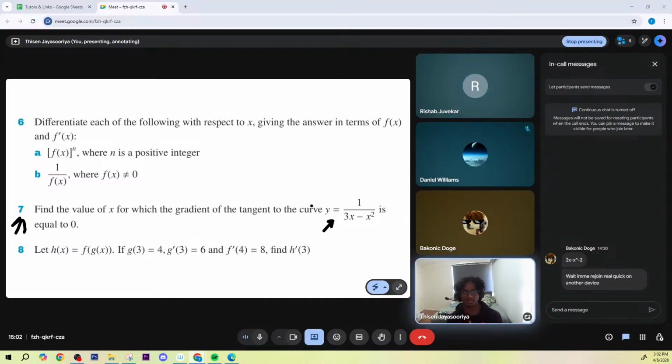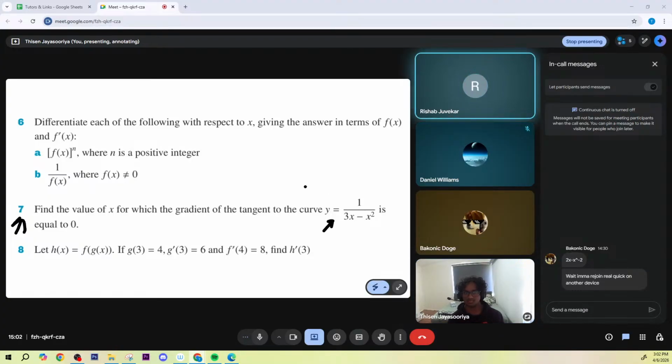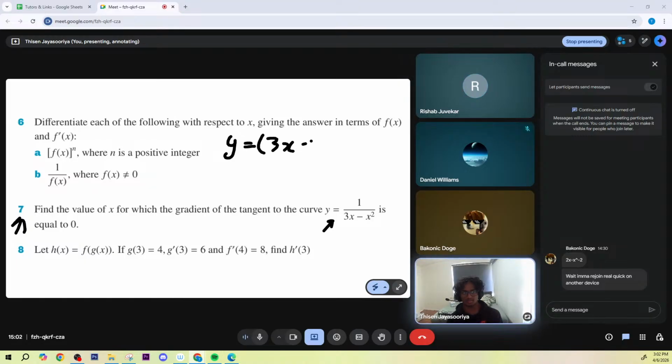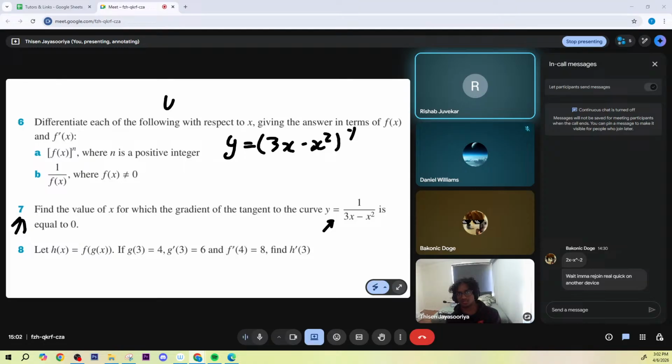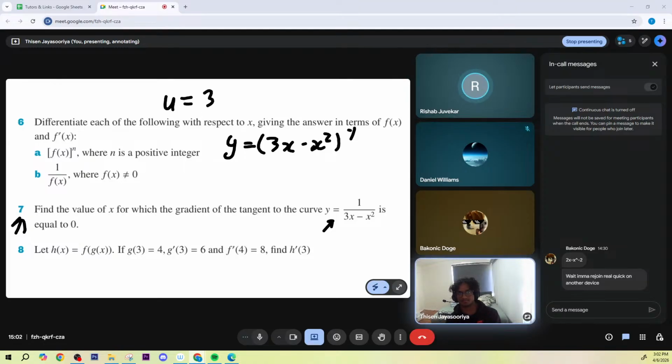So how can we put this in a more differentiable form? Move the denominator to the top. So 3x take away x squared to the power of -1. Then chain rule. So what is u equal to? 3x minus x squared.